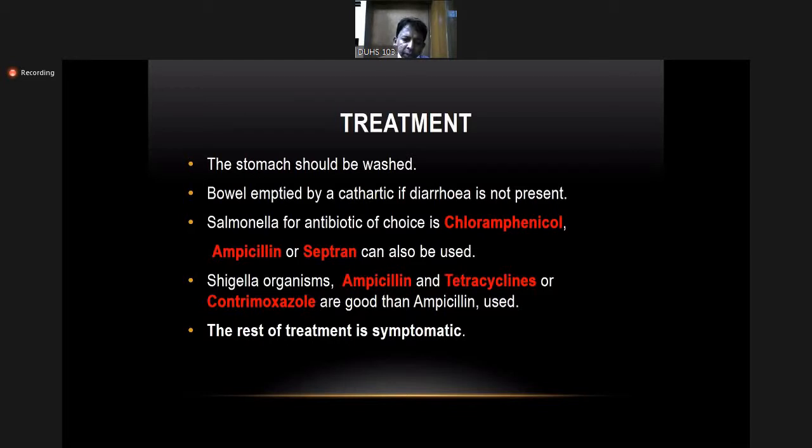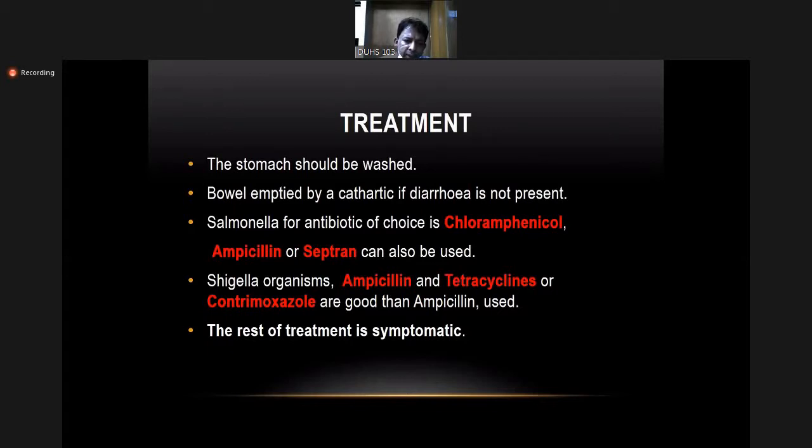Chloramphenicol is given IV. Ampicillin or ceftriaxone were also used. Now wide spectrum antibiotics are available and commonly used, but chloramphenicol is still the treatment of choice in complicated typhoid fever. Chloramphenicol is a very effective drug against the Salmonella and Shigella groups.